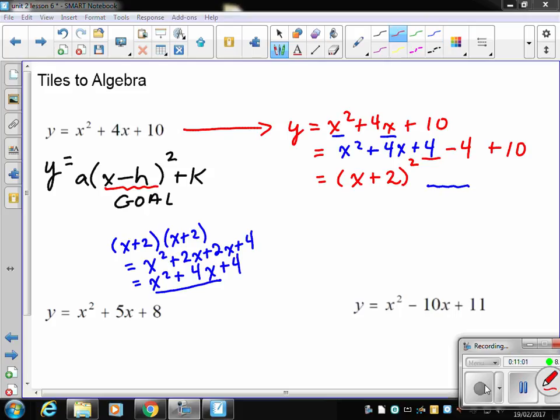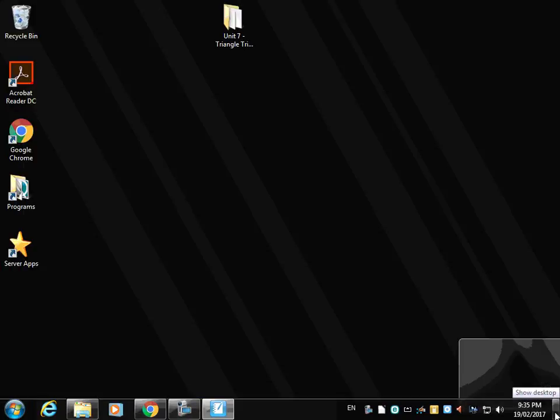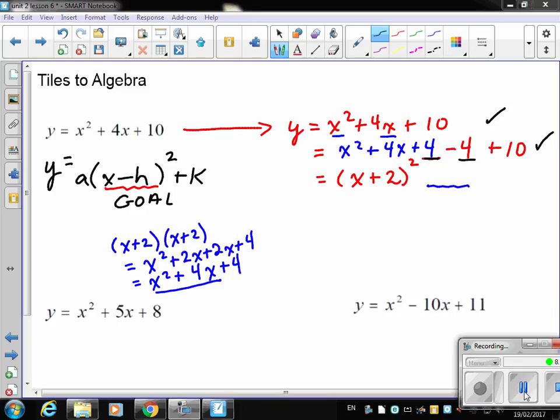If you add and subtract a number at the same time, it cancels out. So from line 1 to line 2, the question hasn't changed. It just looks different. The first 3 terms in blue are that perfect square (x plus 2) squared, and the last 2 terms go together to give us that k value. Okay, it's crazy. I'm going to do another one.